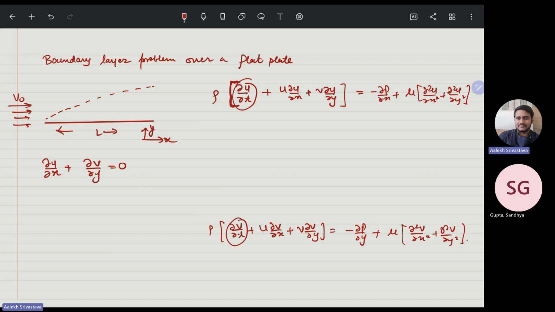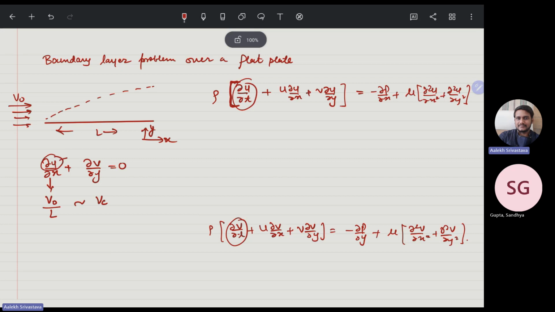Now we will try to see which term is significant or not. First of all, for u, the order of magnitude can be v0 divided by L, which equals vc.